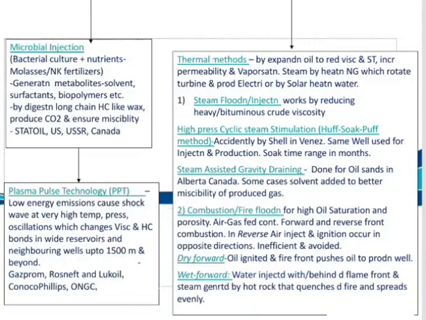As we can see, microbial injection functions in a threefold manner, like an ASP flood, a physical breakdown of molecules, and also like a miscible gas injection. Hence this is widely employed across industries in several countries. It gives an additional advantage that it produces less waste, and there are fewer concerns of produced water management. Hence it is employed by Statoil, US, USSR, and in Canada.